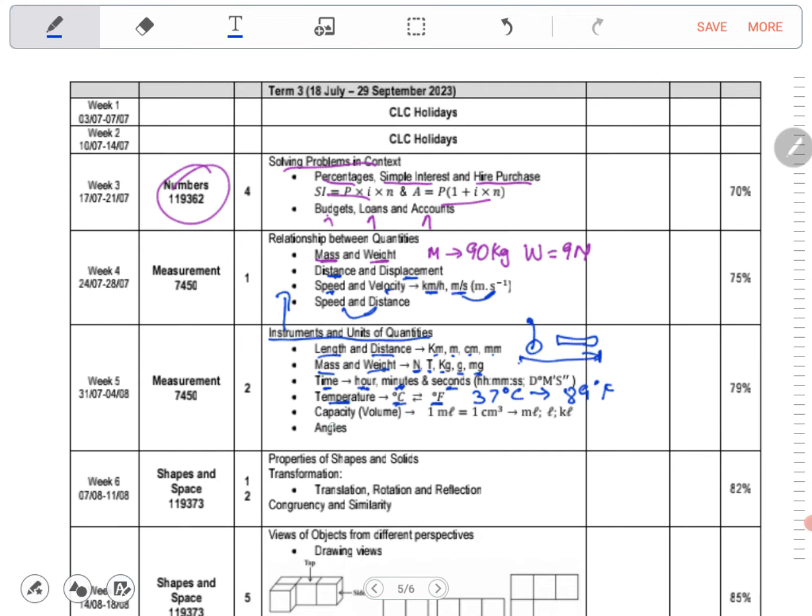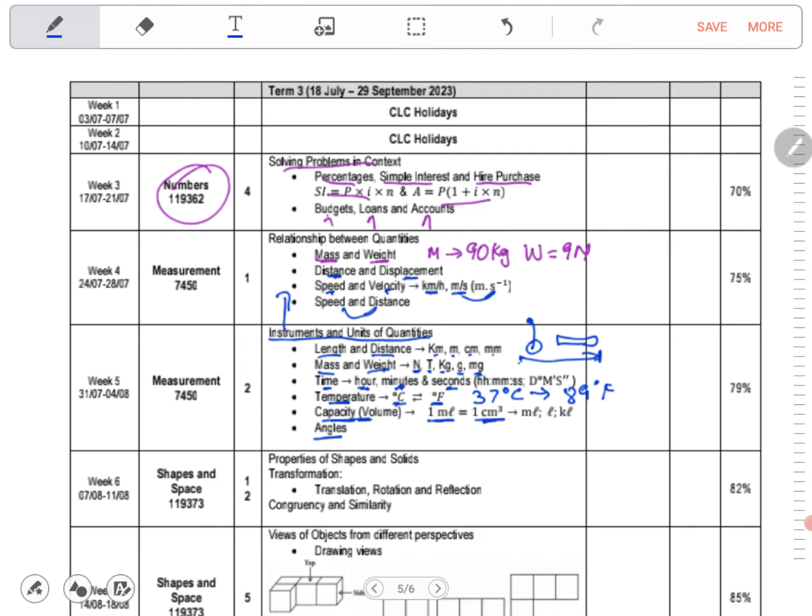All right. And then capacity, I've just explained what volume and capacity is, but normally we'd have to convert from a solid state in terms of the volume, in terms of cubic centimeters, and we know that it will be equal to 1 milliliter.